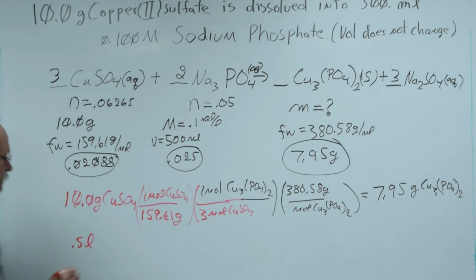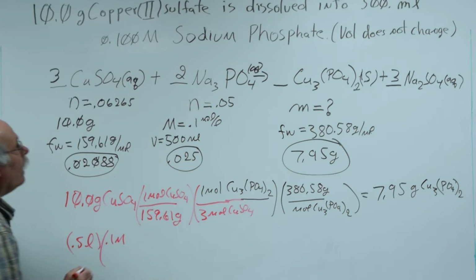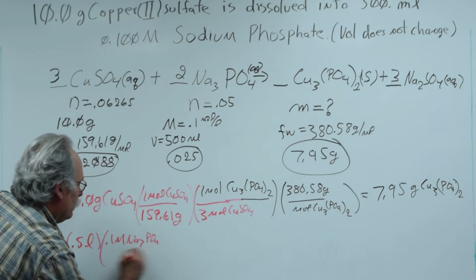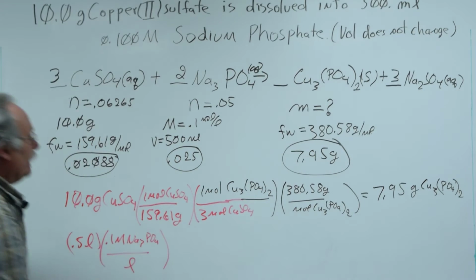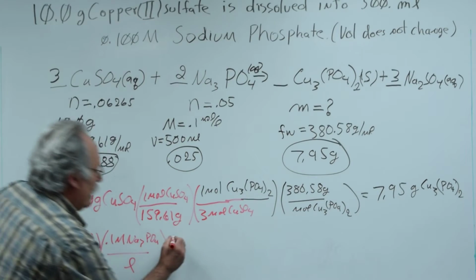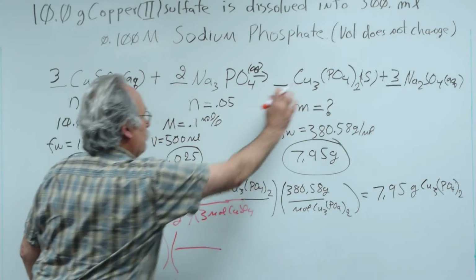Now, if I looked at the other chemical species, which was the excess reagent, I started off with 0.5 liters of a solution, and that solution had 0.1 mole of Na3PO4 per liter. And that gives me the number of moles, 0.05. And now I do my stoichiometric step, 2 moles of this to 1 mole of this.